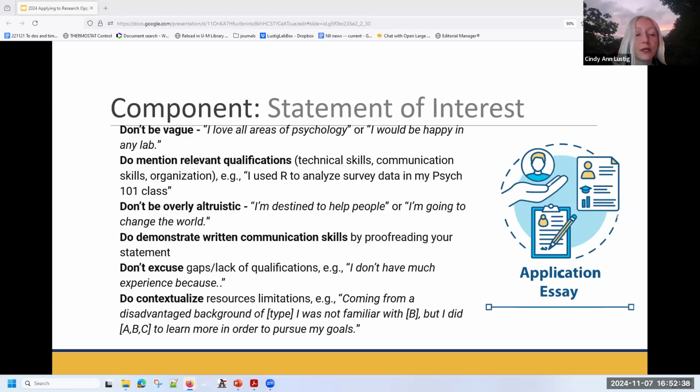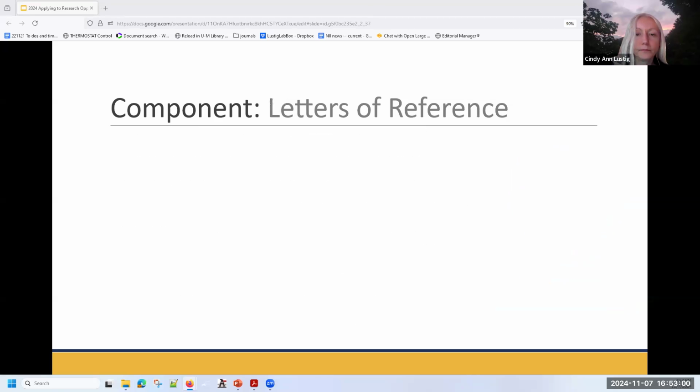Or maybe I didn't have a chance to do big scale data analysis in my classes, but I did take these online videos and learn a little bit more about how to do this stats program. So wherever you see a place where your skills might transfer, it doesn't matter where those skills come from, go ahead and mention them, but just try to fit them to the research that's going on in the lab.